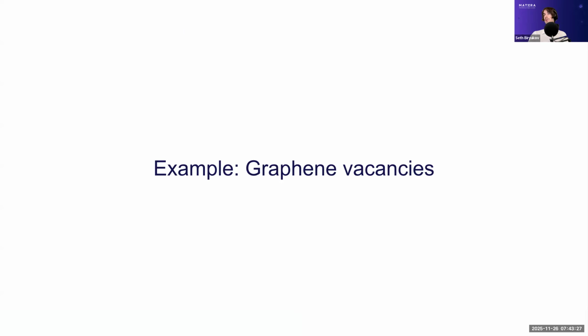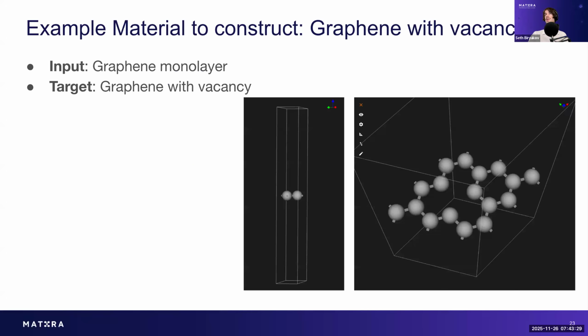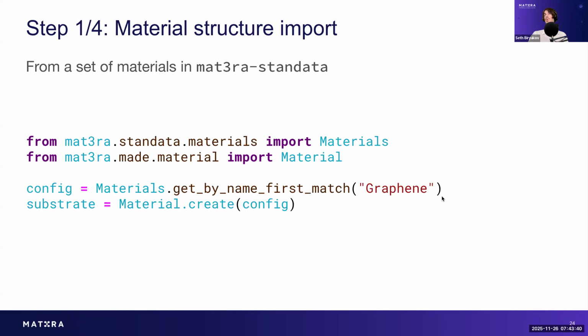Let's start with the first example, graphene vacancies. We want to start with the graphene monolayer and create a supercell with the vacancy in it. First, we'll start by importing material.